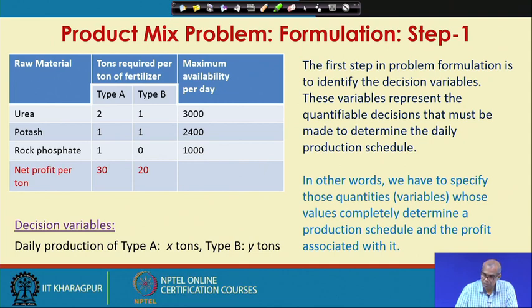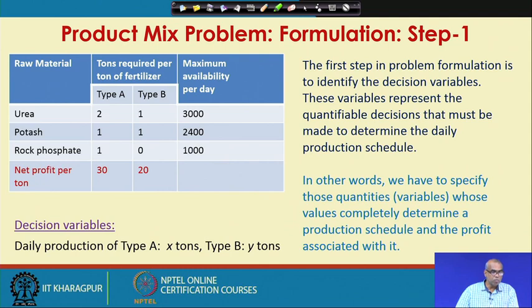So, the decision variables will determine completely a production schedule, as well as the profit associated with it, because the profit has to be expressed as a linear expression of decision variables.